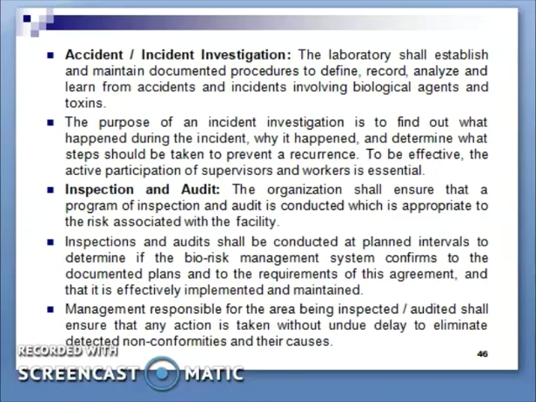Management responsible for the area being inspected or audited shall ensure that any action is taken without undue delay to eliminate detected non-conformities and their causes.